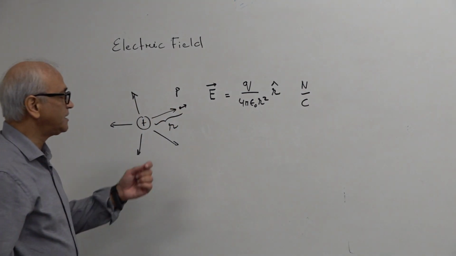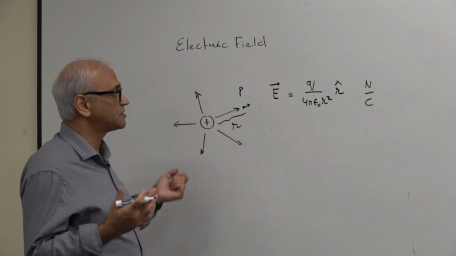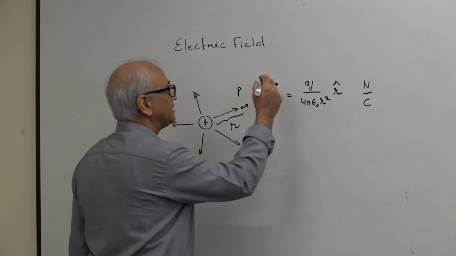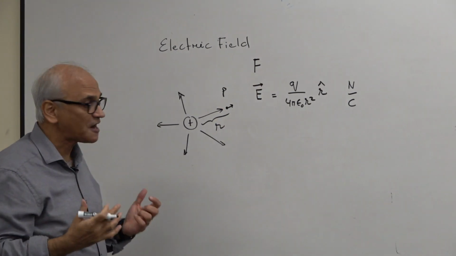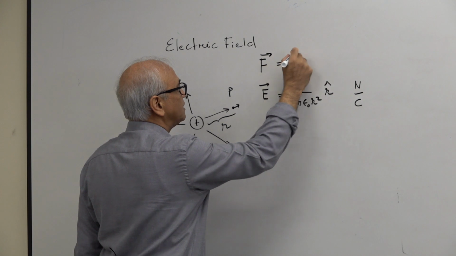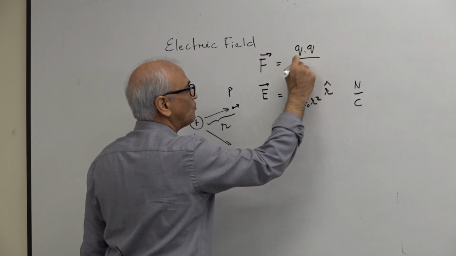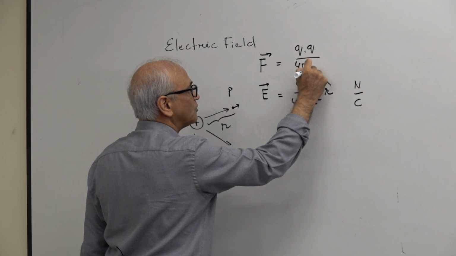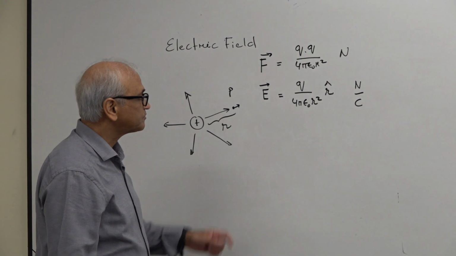The way I look at it is that if you had another charge here, let's say another charge of Q, then the Coulomb repulsion or attraction between them would have been Q times Q over 4 pi epsilon naught R squared, and the unit would have been Newton.